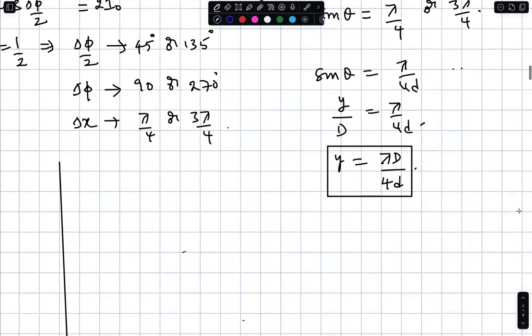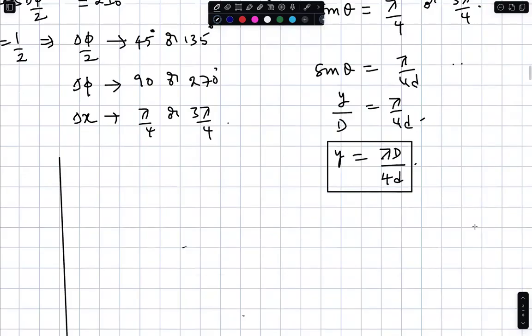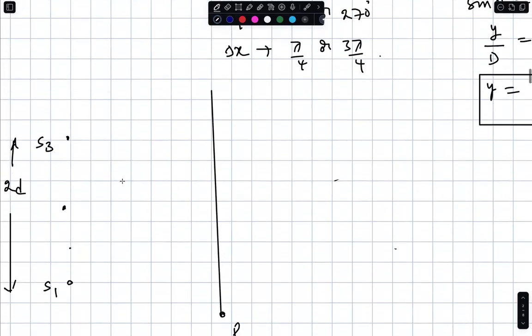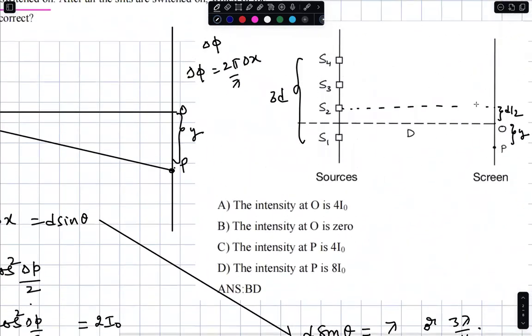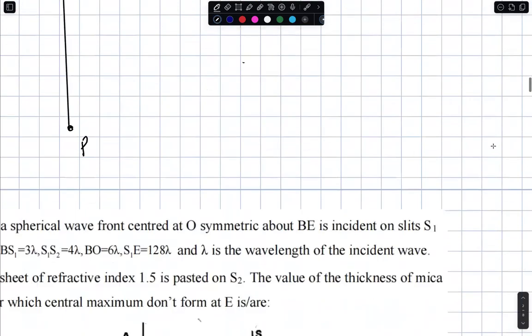So when I am taking S3P minus S1P, I am not considering the phase at this point right now. This is equal to 2d sine theta 1, which can be written as y plus d by 2.